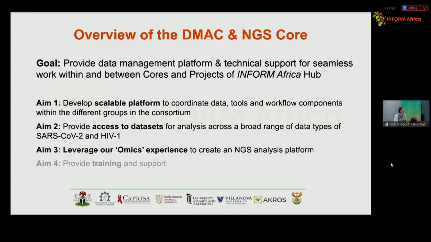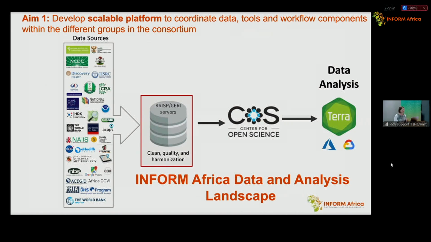So just in terms of aim 1 about the scalable platform, for the projects, we get data from multiple different sources. A few of them are represented on the left. All of these databases come into a central point where they are cleaned, checked for quality, and the harmonization occurs.